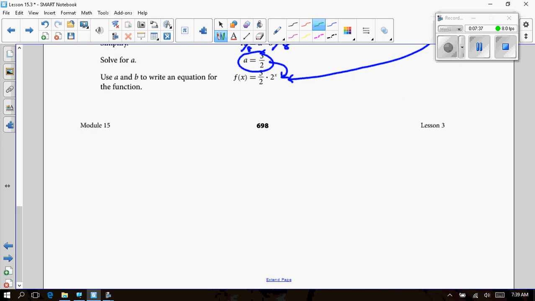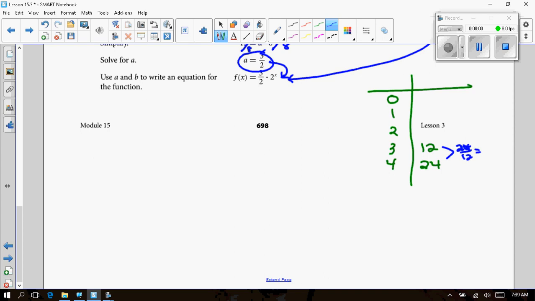All right, we could do it another way if you wanted. You could make a table. And we could keep track of 0, 1, 2, 3, 4. We can put in the 4. We know that was 24, and we know that 3 was 12. So you could find your common ratio this way, right? 24 divided by 12, and you get 2.